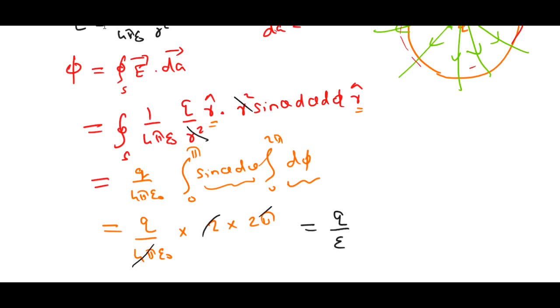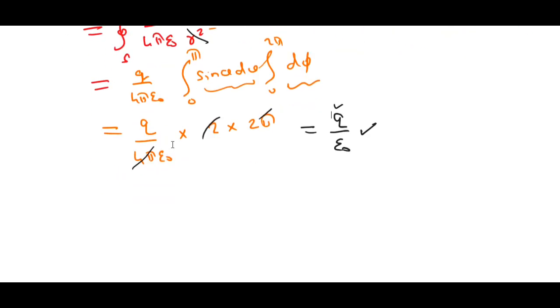Answer is q by epsilon 0. That is, the left hand side, phi, is nothing but the flux. The total electric flux through any closed surface is equal to 1 by epsilon 0 times the charge enclosed by that surface. This is Gauss's law.